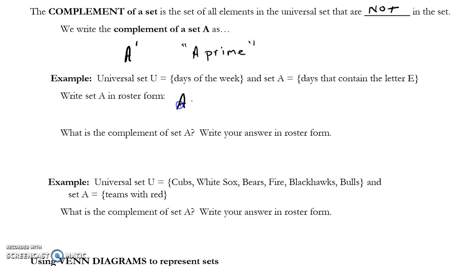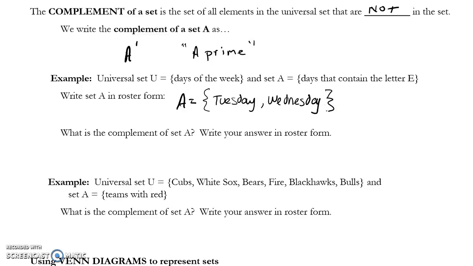Well, I know the universal set is all of my days, so set A is just the days that contain the letter E. Monday, no. Tuesday, yes. Wednesday, yes. Thursday, no. Friday, no. Saturday, no. Sunday, no. So set A is this.